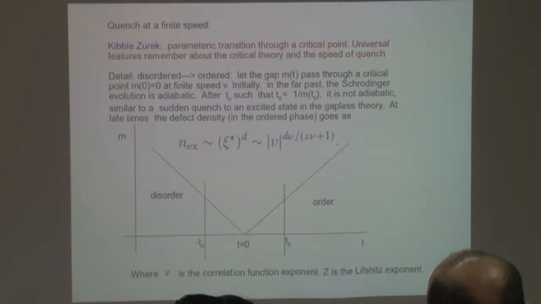And so I'm just going to mention it in one or two slides, that you can do this. For example, you can change this time dependent parameter in the Hamiltonian in such a way that there's a mass gap which becomes a function of time, and your external tuning of the parameter is such that this gap parameter goes through 0.